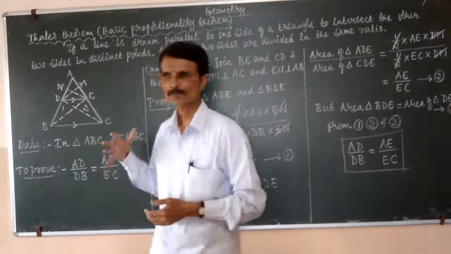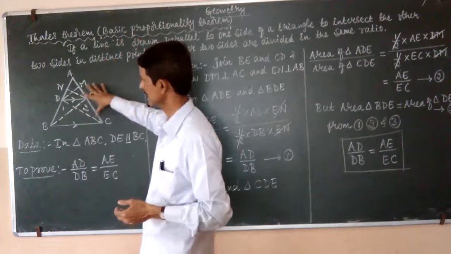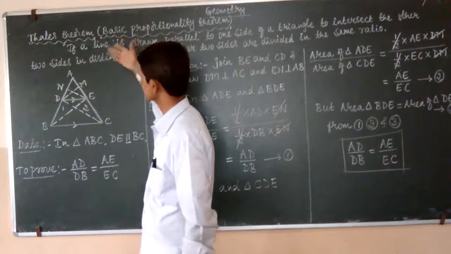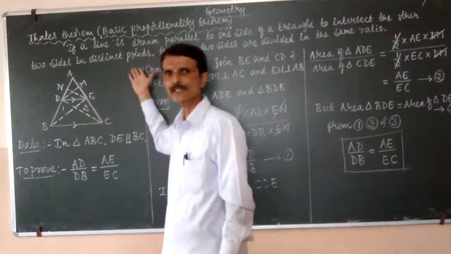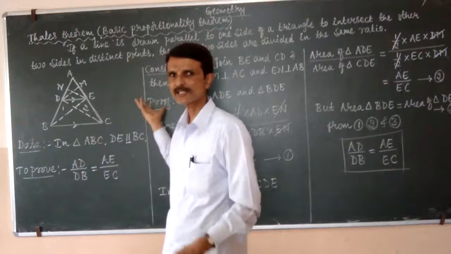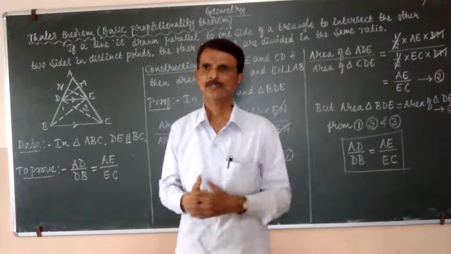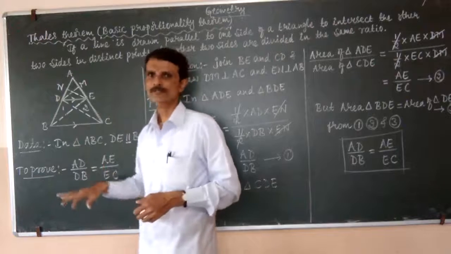By understanding the statement, write down the diagram. After seeing the diagram and the statement, write down the data. In the statement itself, they have given the data and what we have to prove, or what conclusion we have to come to. That conclusion is the 'to prove'.